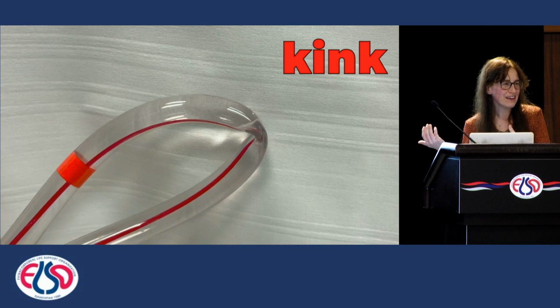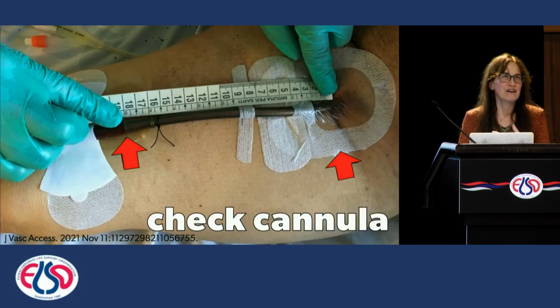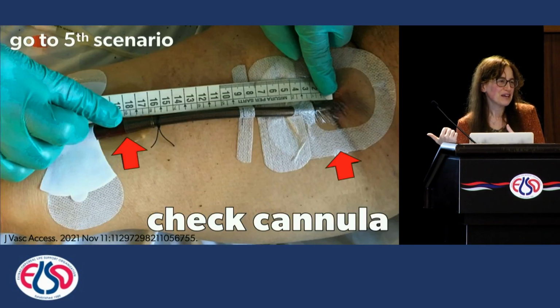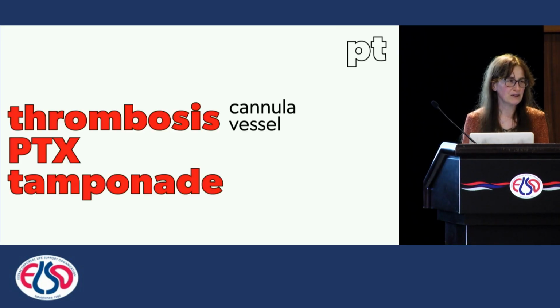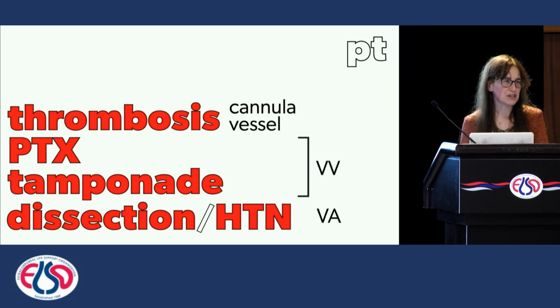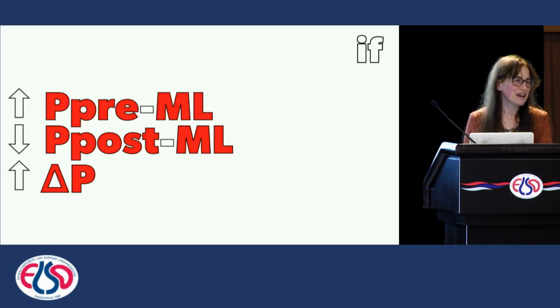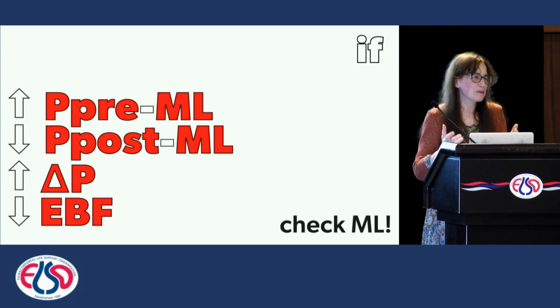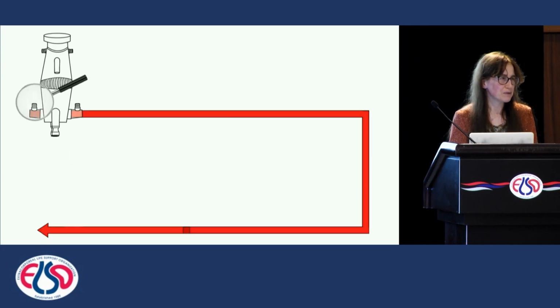Maybe it's just a kinking of the line, or maybe it's not. So you also need to check your cannula, and you need to check the patient, because maybe the problem is not in the circuit, but in the patient. So it's something really, really easy, but I tried to find a solution for the lack of possibility to train my team.